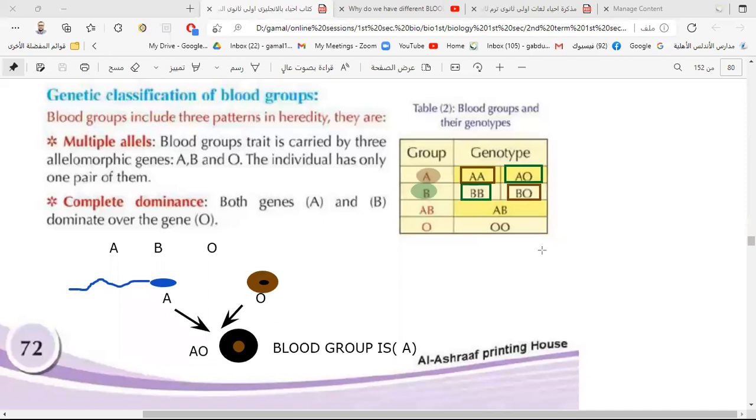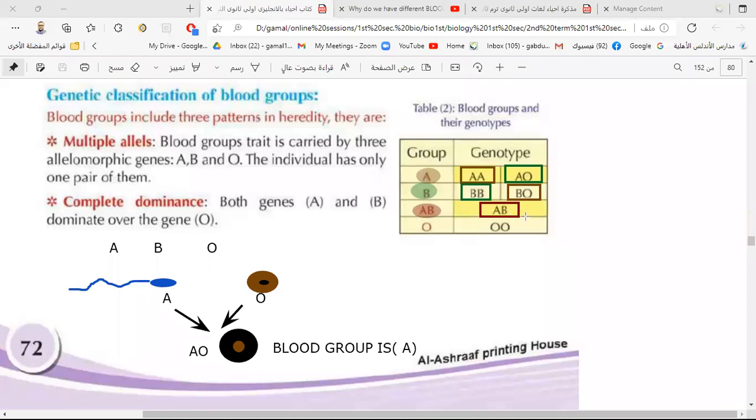Type AB. If the two genes are A and B, now A and B have the same power and the same influence. They are equal in force, equal in power. They can express themselves.